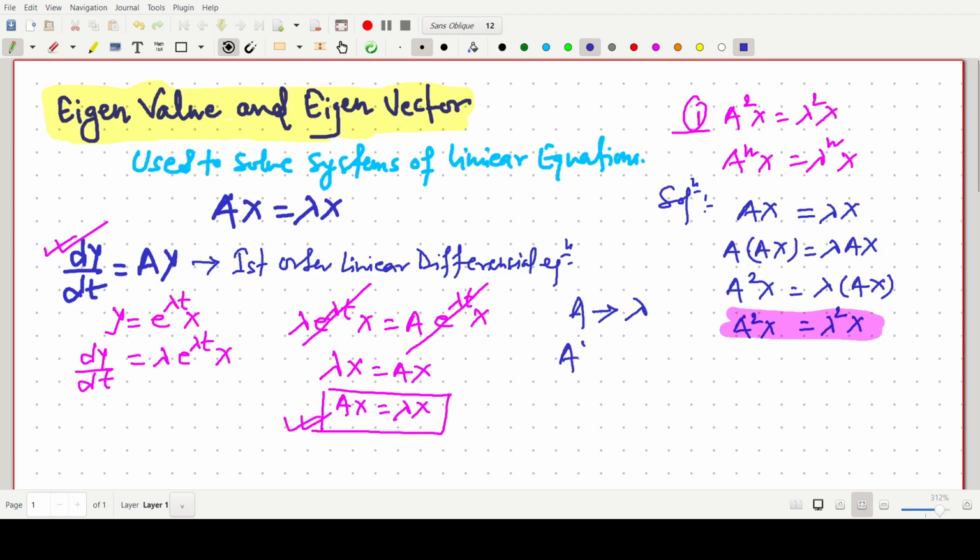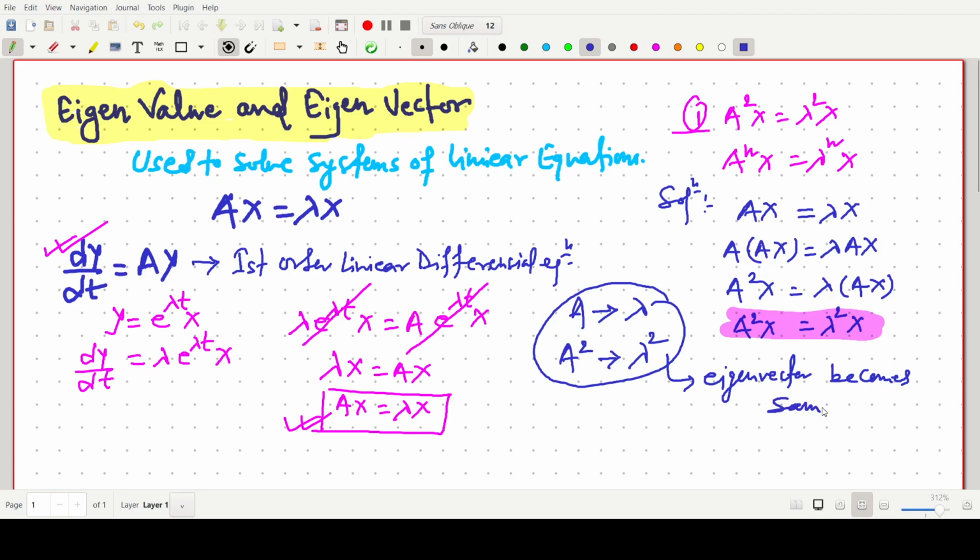If we take the matrix A square, the eigenvalue becomes the square term, but the eigenvector remains constant. We will learn that in a different video lecture, where I will make the video using some numerical examples. Today we are only discussing the theory. So the eigenvector stays the same in such questions. This is one property.